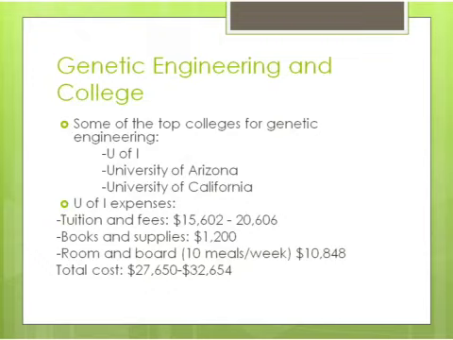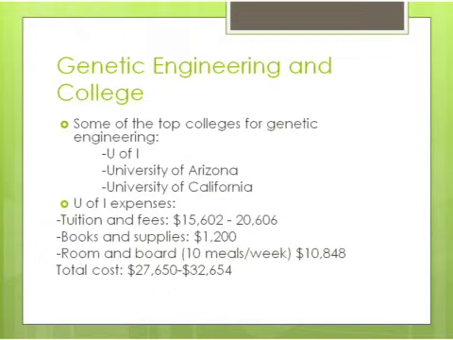Some of the top colleges that offer genetic engineering courses are U of I, the University of Arizona, and the University of California. Specifically looking at the U of I, which is a college that I would probably attend if I was going for genetic engineering, considering that it's so close to home and I would get in-state tuition fees covered.